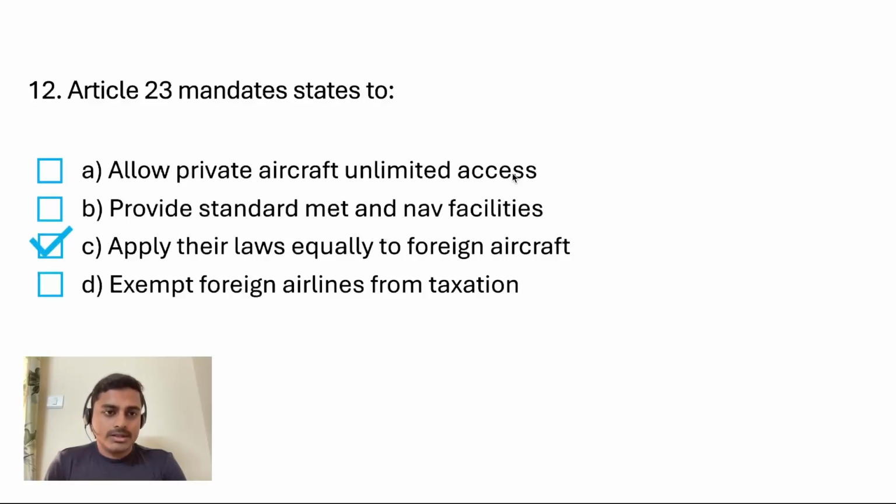So the correct option is C. Now a country cannot provide a private aircraft unlimited access, right? And they should provide MET and NAV facilities, but that's not discussed under Article 23. So the same laws that they apply to their domestic aircraft should be applied to the foreign aircraft by that country.